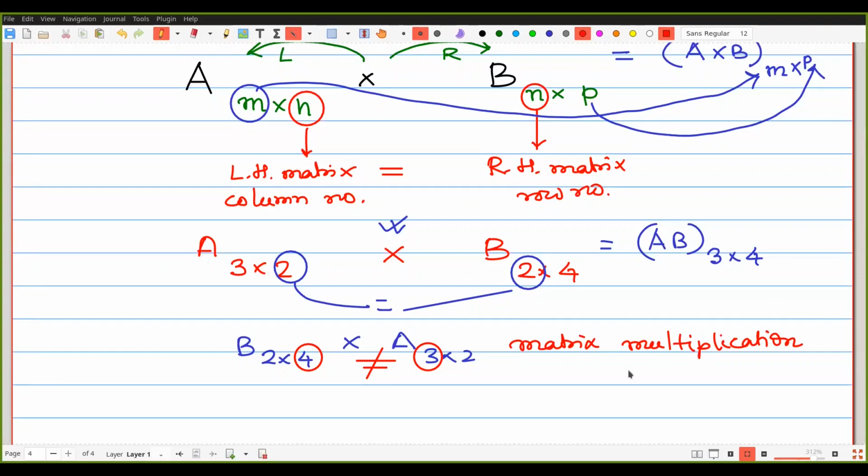Let's check with some example. At first, suppose we have a matrix A with order 3 cross 2: 1, 2, 3, 4, 5, 6.